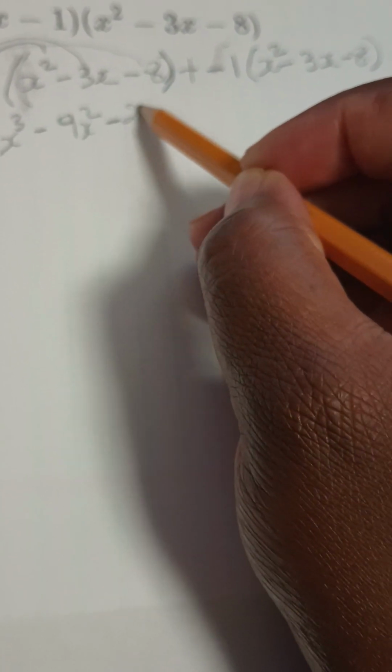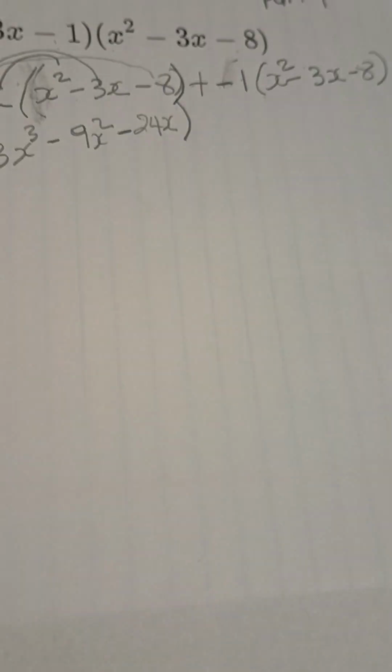Then my 3x times my -8 is going to be negative 24x. There you go.